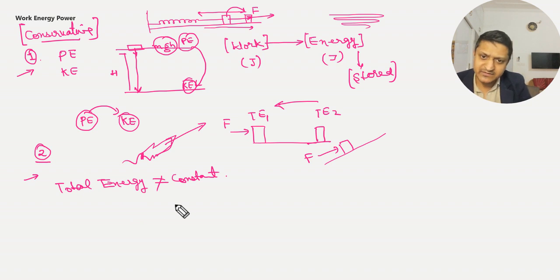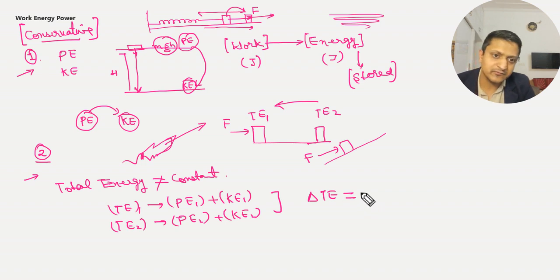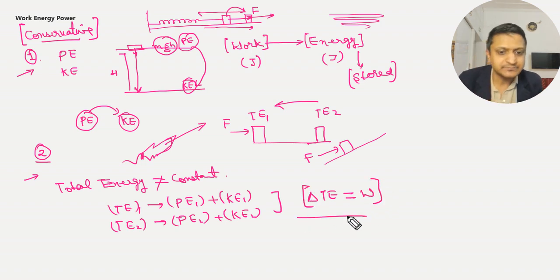So in the starting case, the total energy for the first one will be potential energy 1 plus kinetic energy 1, and the total energy for the second will be potential energy 2 plus kinetic energy 2. When we take the difference of total energy, this will be equal to the work done. That's it. This is the concept.